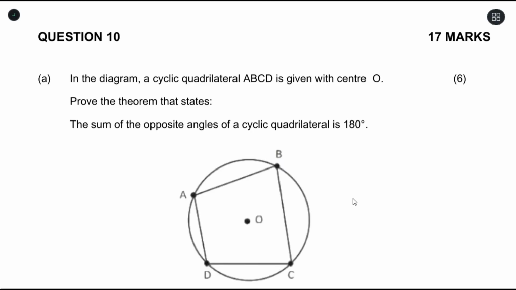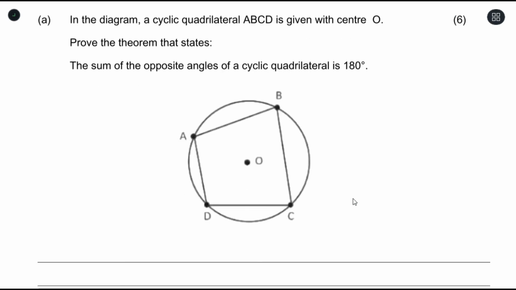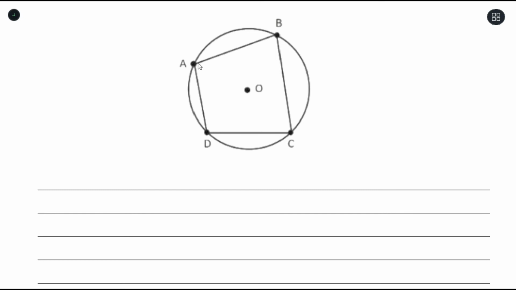So question 10. Question 10 says, in the diagram, a cyclic quadrilateral ABCD is given with center O. Prove the theorem that states the sum of the opposite angles of a cyclic quadrilateral is equal to 180. Now, this is your cyclic quadrilateral, right? A, B, C, D. So we're trying to prove that the opposite angles are supplementary.